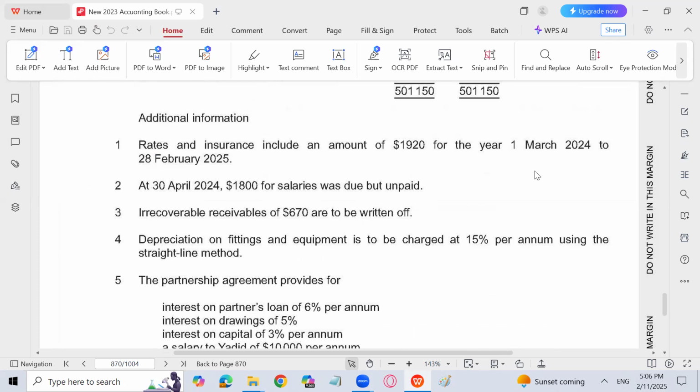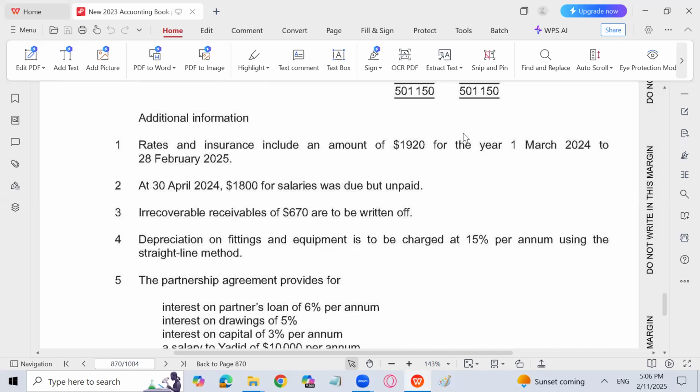So how many months will be there? If you calculate from March to February, it will be 12 months. But in our financial year, only 2 months are a part of our financial year for which we should have paid rates and insurance, that is March and April. How come, sir?